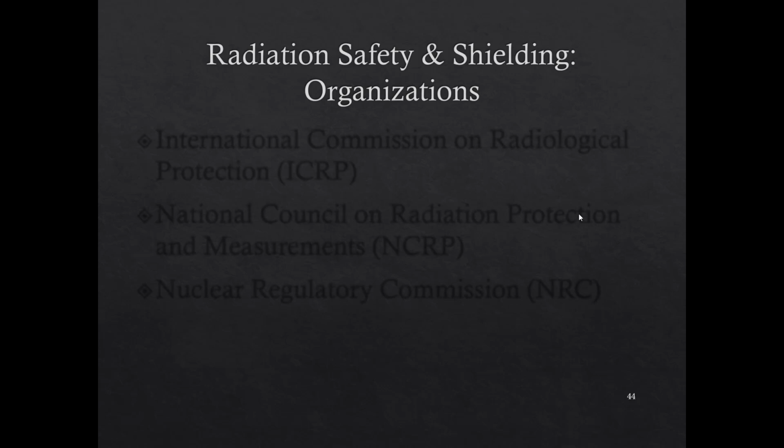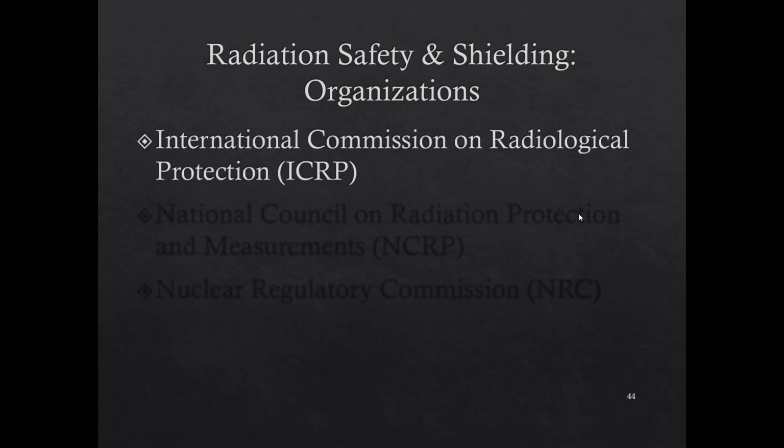Before we get too far into it, we should talk about the different organizations at play here. The International Commission on Radiological Protection, ICRP, is a group of experts interested in the safe use of all types of radiation, and they publish recommendations for protection against exposure for the international community.